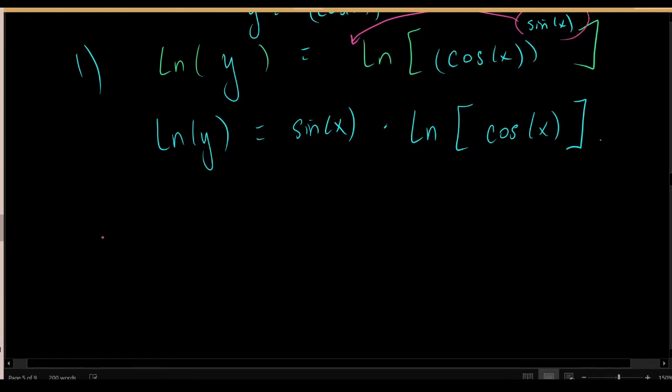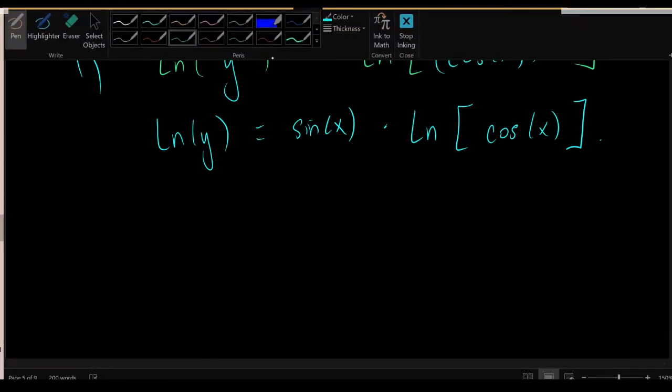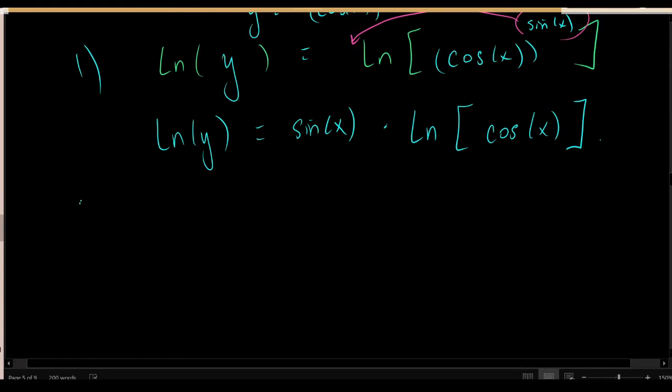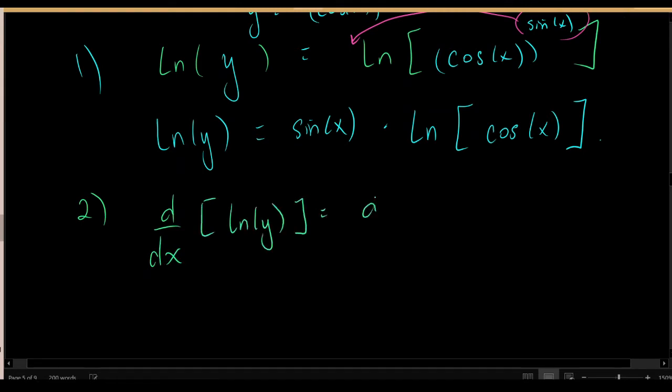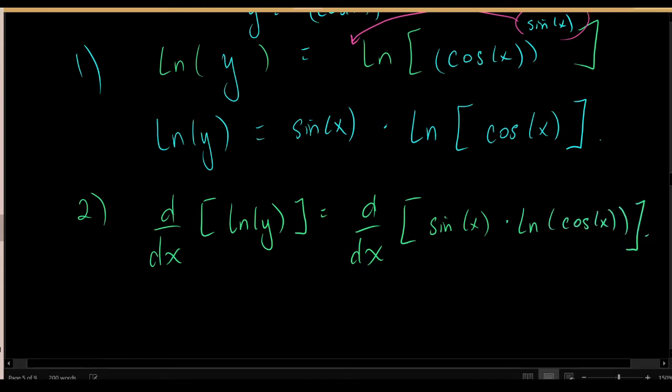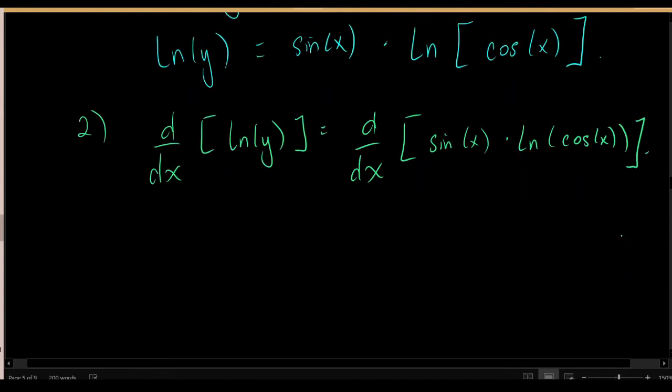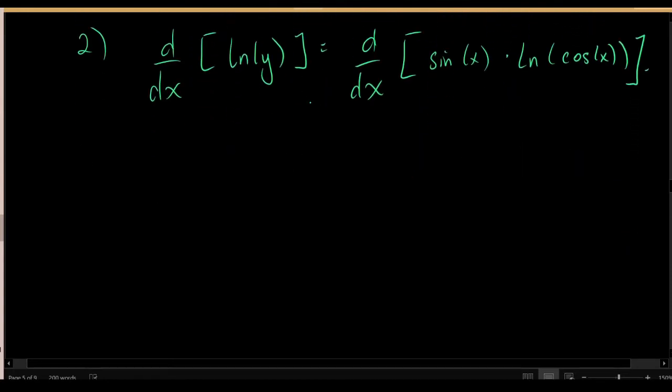Next, let's implicitly differentiate both sides of this equation. Let's take the derivative with respect to x of both sides of this equation. Now on the left side, we have an opportunity to use the chain rule.